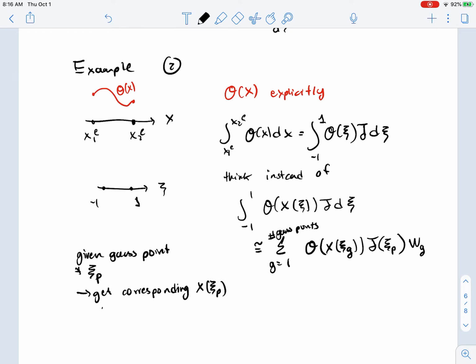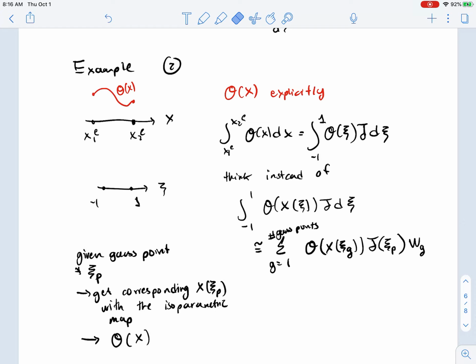So get the x corresponding to that Gauss point with the isoparametric map.